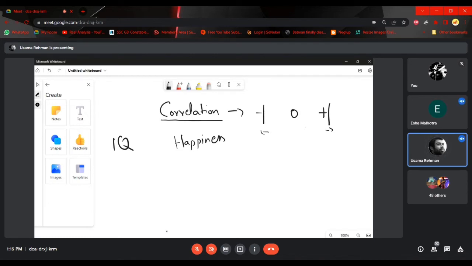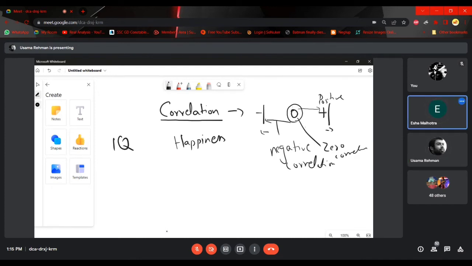ठीक है? Now there are three numbers written here, -1, 0 and +1. If your answer is somewhere between 0 and -1, you have a negative relationship, negative correlation. If your answer is from 0 to +1, your correlation is positive. If your answer is near 0, then you have a 0 correlation.